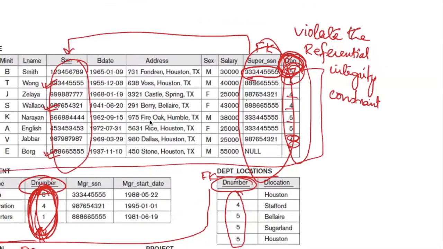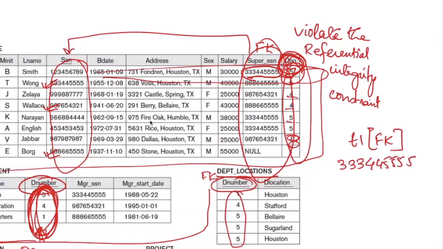If I say tuple T1 is the first tuple, then for this tuple the value of the foreign key is 333445555. This value of the foreign key for tuple T1 must appear as a value of the primary key for another tuple. Here the referenced relation and the referencing relation are the same. Both are employee.